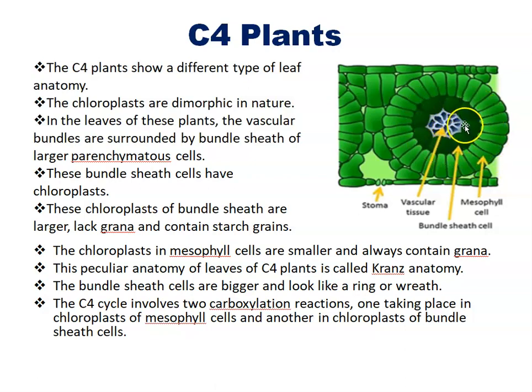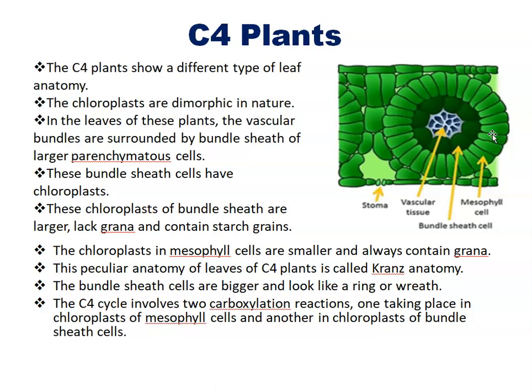These are bundle sheath cells, dark green, large parenchymatous cells. These bundle sheath cells have chloroplasts, which are larger, lack grana, but contain some starch grains. And the chloroplasts in the mesophyll cells are smaller and have grana. So this type of anatomy is called Kranz anatomy.